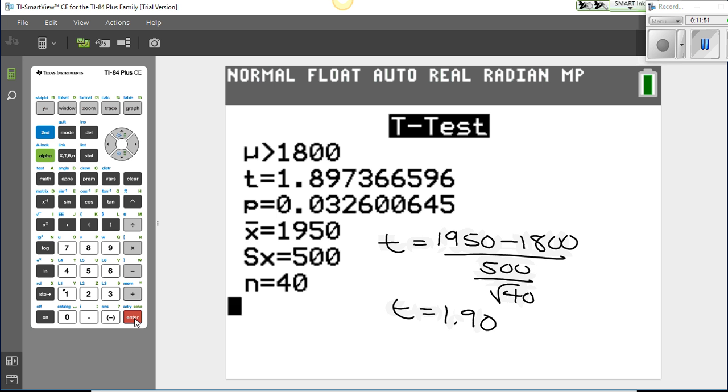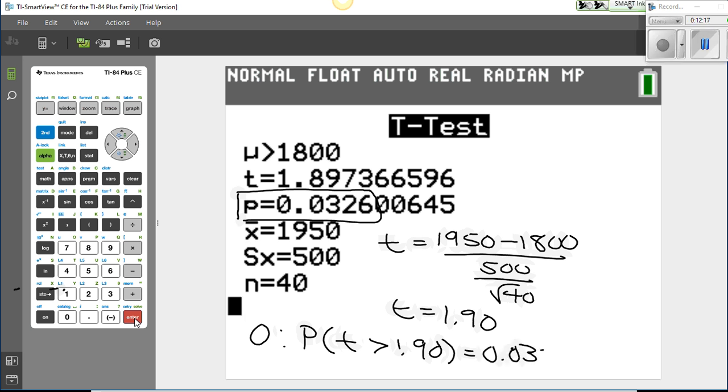Basically 1.90. You can do 1.897. Doesn't matter, right? So this is still for t, right? For the p-value, what we're going to do is find the probability that t is greater than 1.90. And what do I have there as the probability? 0.0326. Is that correct? Right, so we have that.